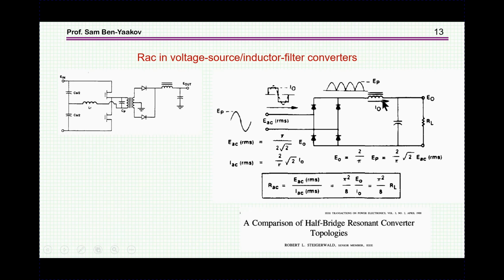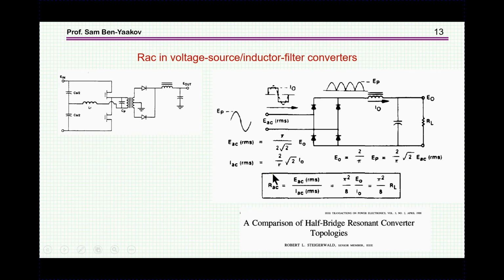If you have a constant current here, then when we reflect it to the input, we're going to see a square wave of current, because we're going to see the current one way, and then the current the other way. So this is complementary to what we have seen before. We have now a sinusoidal voltage source here, and a current which is a square wave.